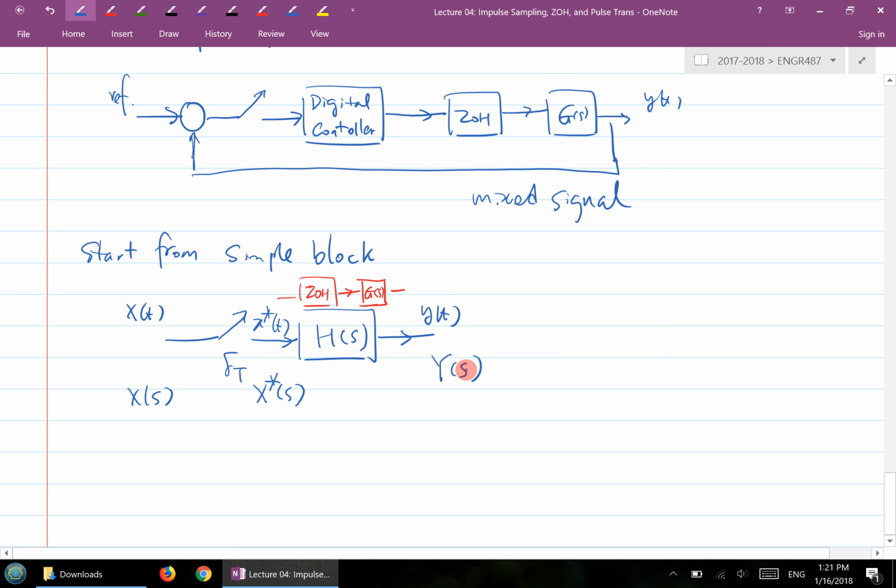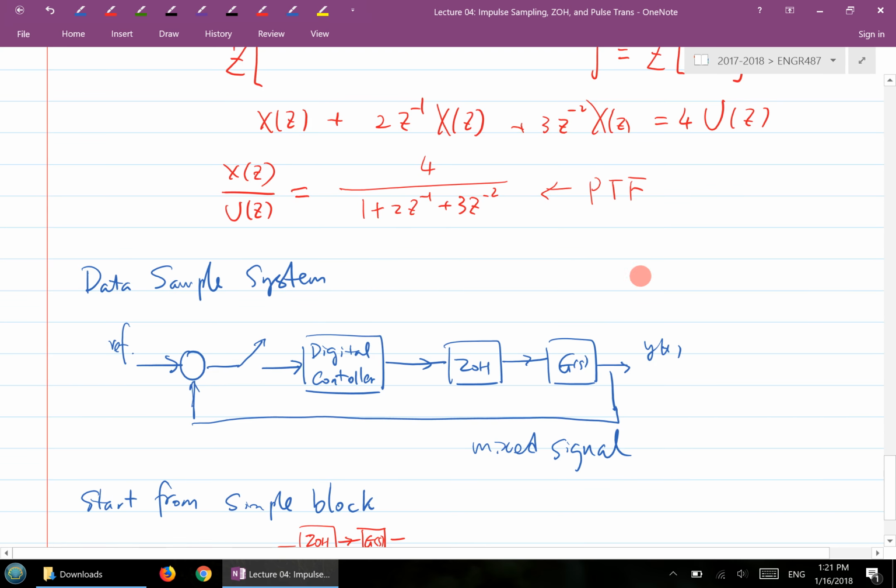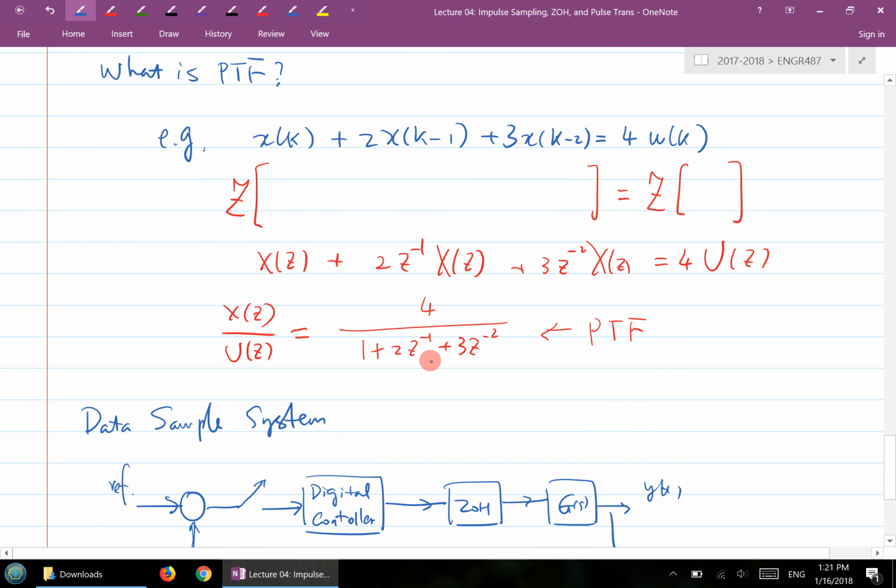So for the pulse transfer function, if I look at this pulse transfer function here, it's about the ratio between two discrete signals. So the ratio between the U, which is discrete, and the output x. So the pulse transfer function, PTF, is about the relationship between two sequences of discrete signals, or functions.